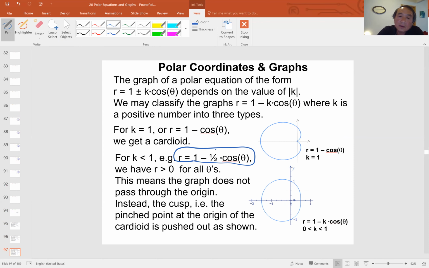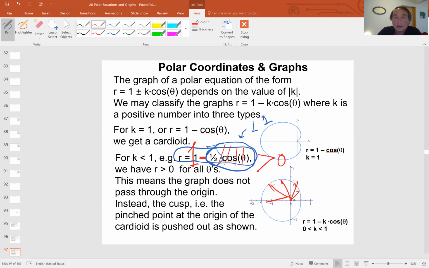Oh, because this number is so small, less than 1. So this term over here is always smaller than 1, which means 1 minus this quantity is always positive. It doesn't go through the origin. So in each direction, r is always positive.